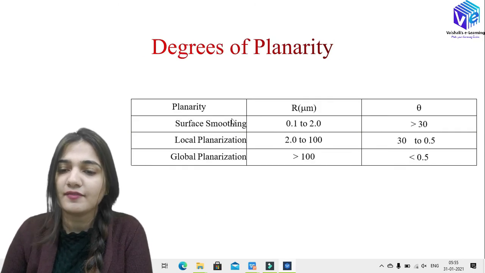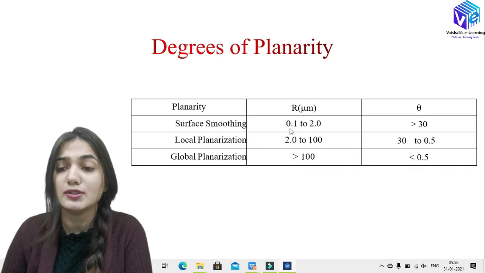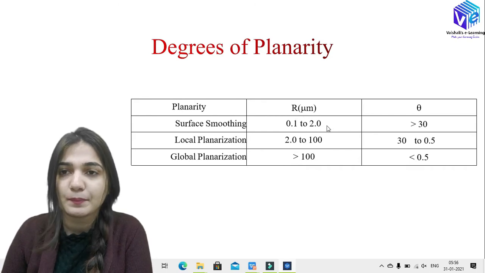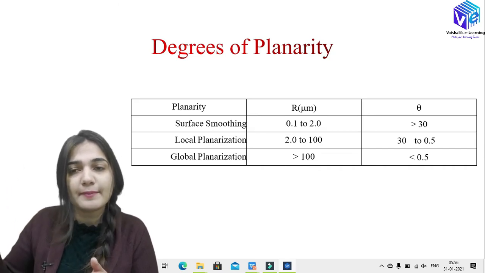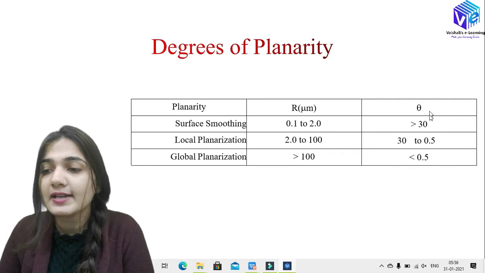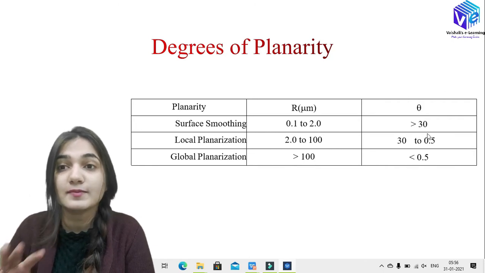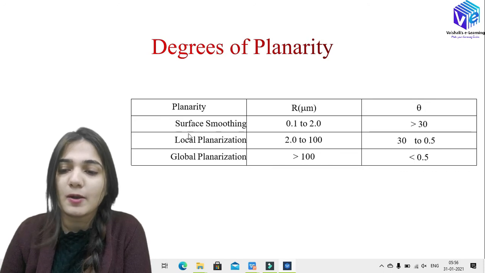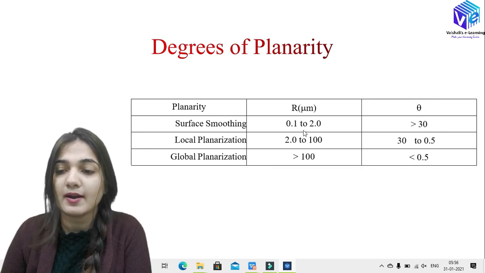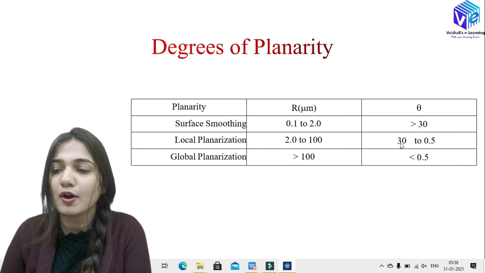If I have surface smoothing, in that case r in micrometers is only 0.1 to 2.0. Okay, so r is very small, which means at a smaller distance I am getting the roughness, right? Theta is greater than 30, so the slope is greater, right? So this is how I get surface smoothing. In local planarization, r would be better. So r is from 2 to 100 and theta is from 0.5 to 30.